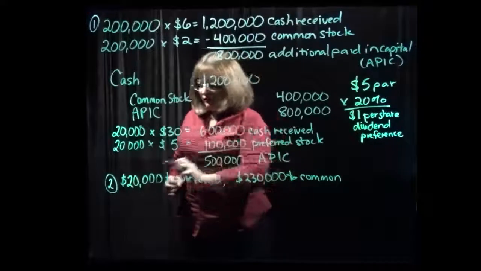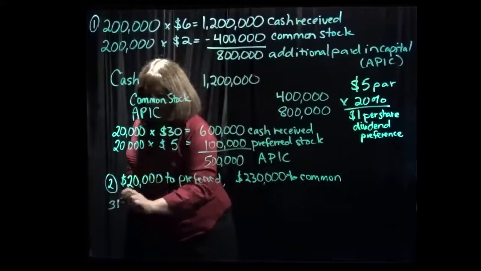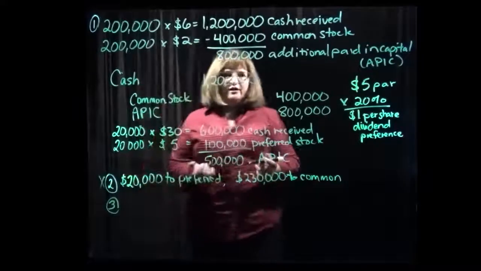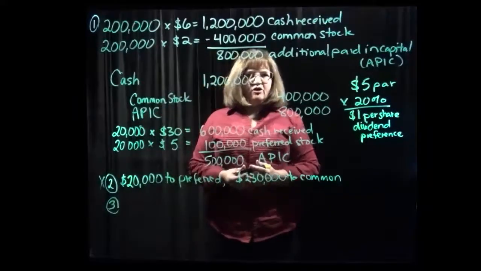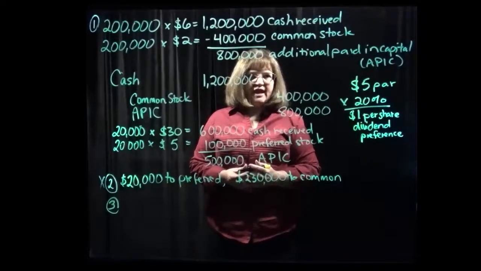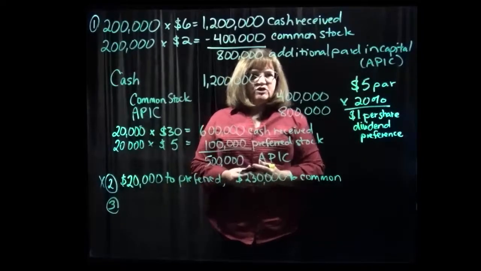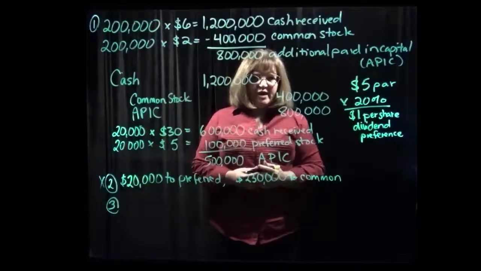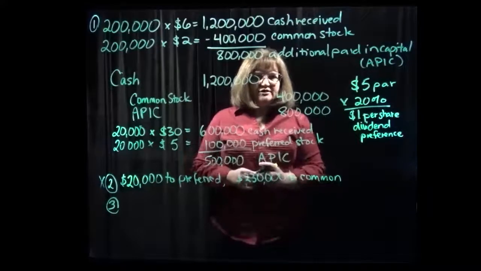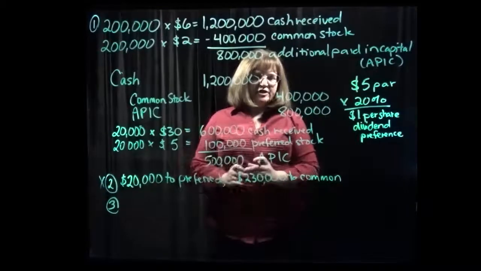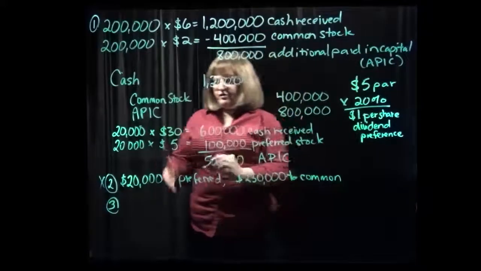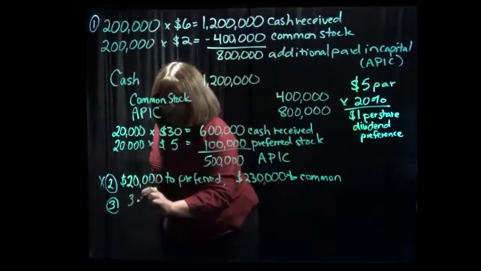In requirement number 3, they say, okay, ignore what we did here, and instead assume that those 20,000 shares of preferred stock that we issued are cumulative preferred stock. When preferred stock is cumulative, then if there are any dividends in arrears, we have to pay the preferred shareholders their dividends in arrears, then pay the current year, and then anything left over we will pay to the common shareholders. In this case, there are 3 years in arrears.